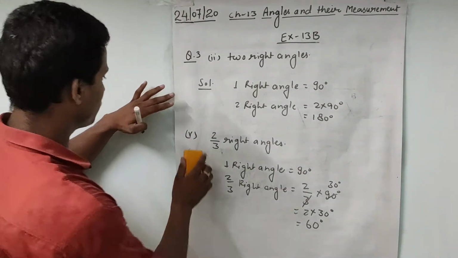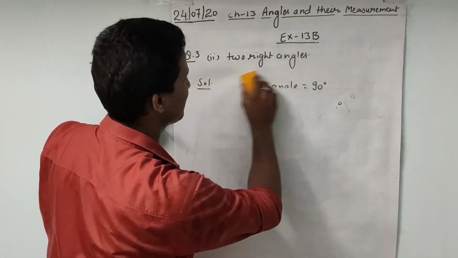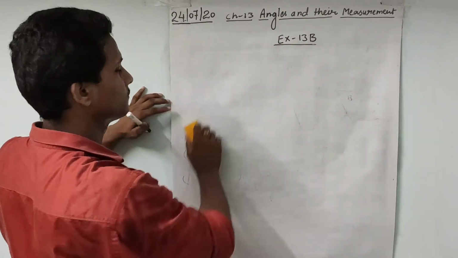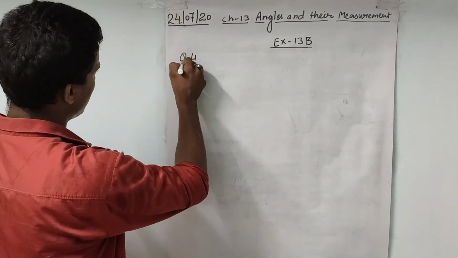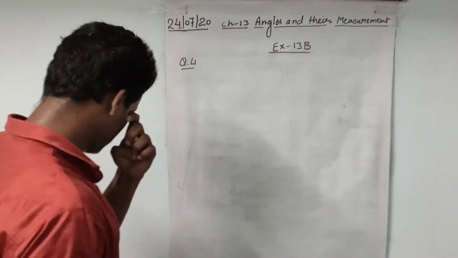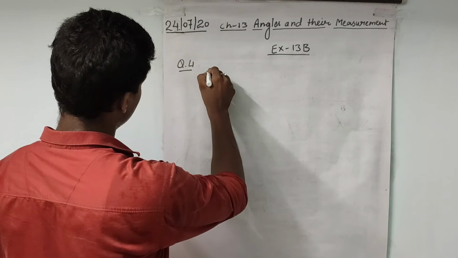Then question number 4 is there, where the clock timing is given and you need to identify the angles. In question number 4, I am taking the second one, 6 o'clock.